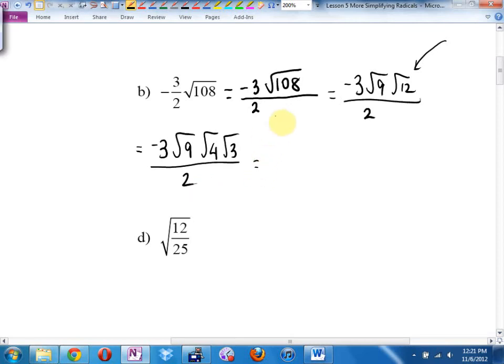Let's evaluate the square roots. So let's rewrite the negative 3. What is the square root of 9? 3. Sorry, what is the square root of 4? 2. And then there's going to be a root 3 on the end, yes? All divided by 2. Let's tidy up the front. I have negative 3 times 2 divided by 2.